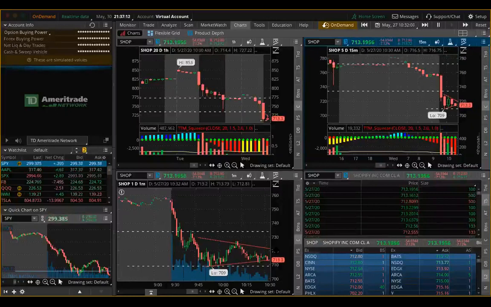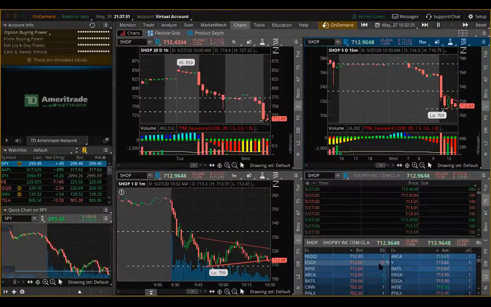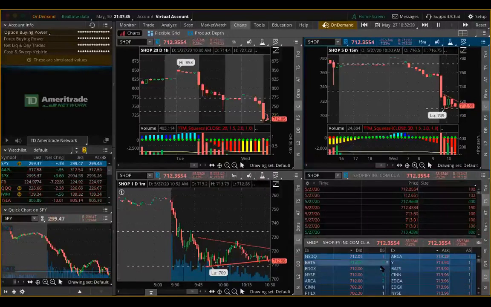So let's check out the level two, right? In order for a stock to move up, you want to see these being above this. You want to see these starting to match up, right? You want to see big numbers. See this 40? You want to see big numbers like 10s, 20s, 30s, 40s, 50s flying in here.